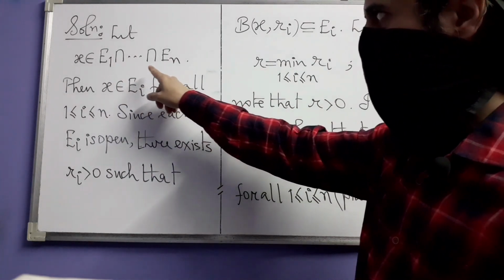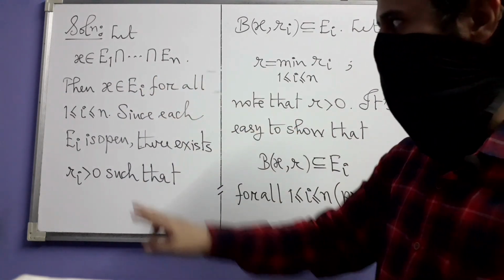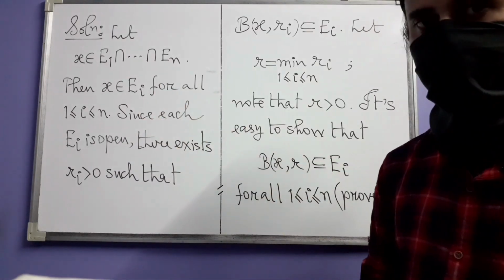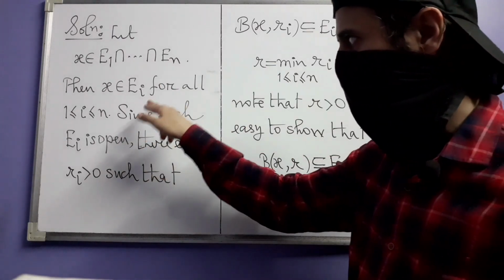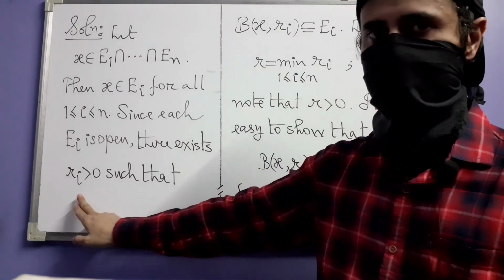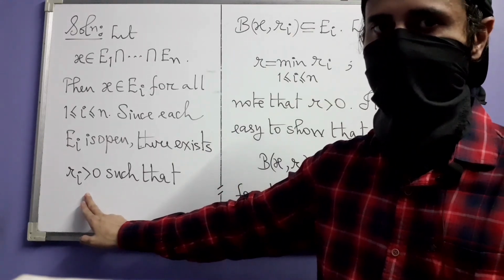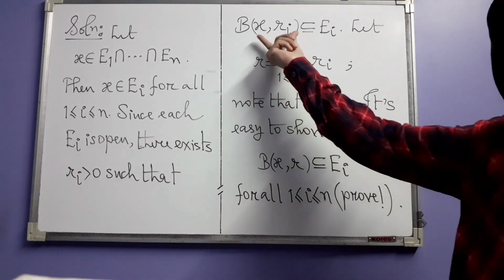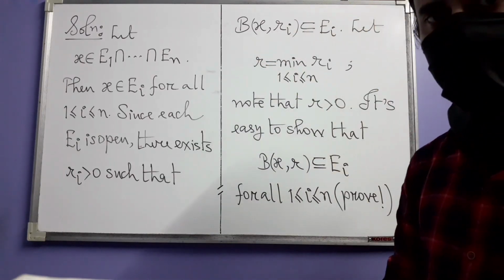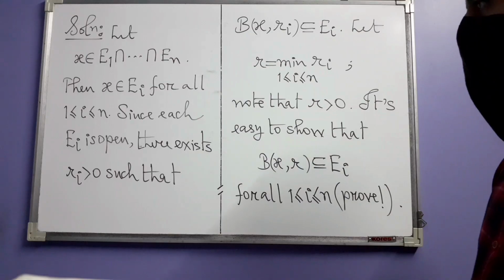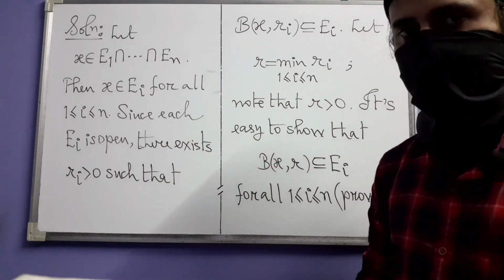Now, what does it mean for x to be in the intersection? It means that x belongs to each Ei, but each Ei is open, so for each such Ei there will exist a positive radius, say ri, such that the ball centered at x having radius ri is entirely contained in Ei. Now you have got how many radii?